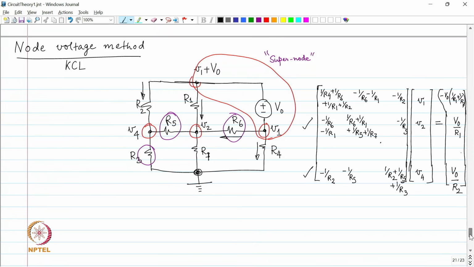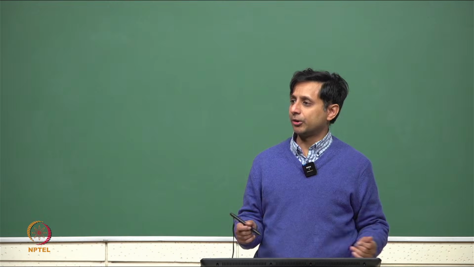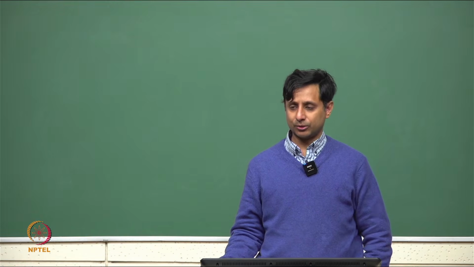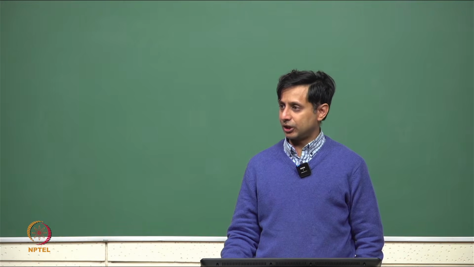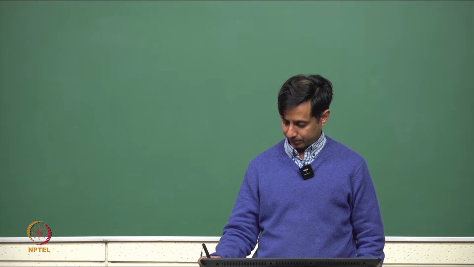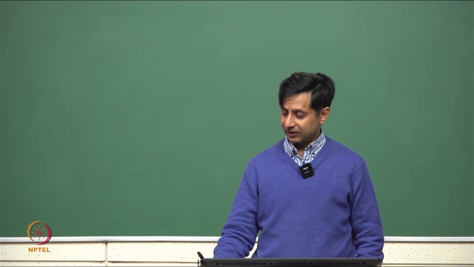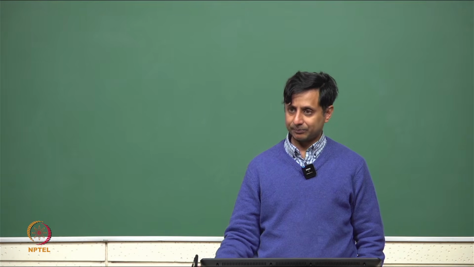Then we changed one of the current sources to a voltage source. There we introduced the super node concept, where you merge the two nodes and draw a Gaussian surface around the two nodes, and then you write a single node voltage equation for that joint node. So, this is what we saw in the previous class.